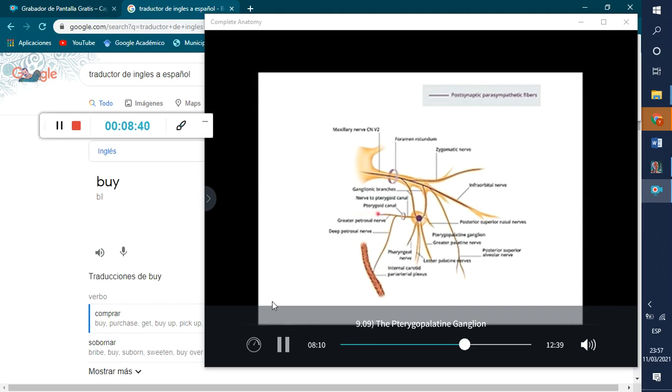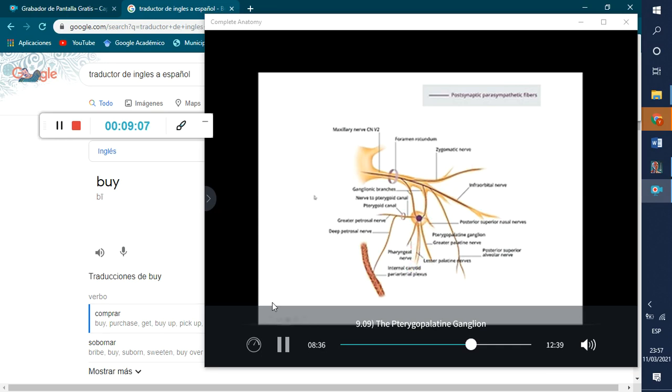They travel through the pterygoid canal, form the nerve of the pterygoid canal, which has parasympathetic and sympathetic fibers. Parasympathetics synapse in here and travel to the lacrimal gland, for instance, and also travel to other regions like the nasal cavity or the palate via posterior superior nasal nerves, the greater and lesser palatine nerves, and so on.